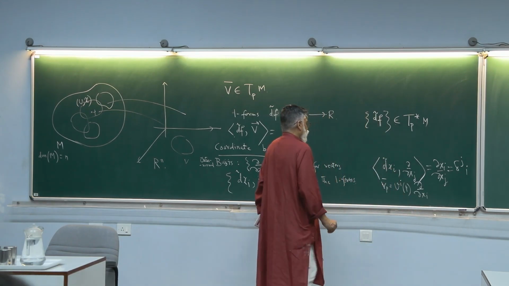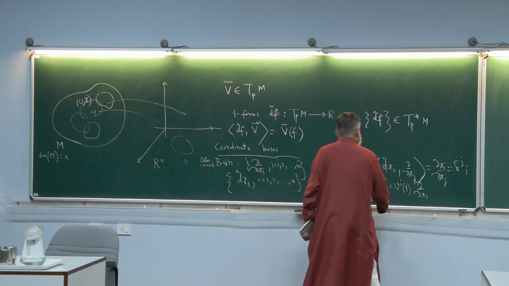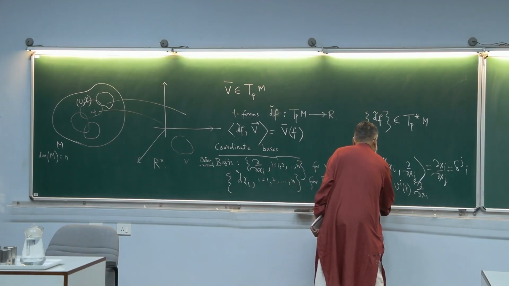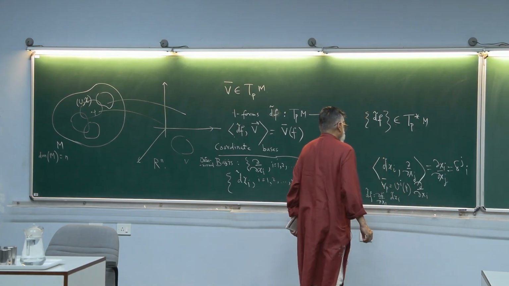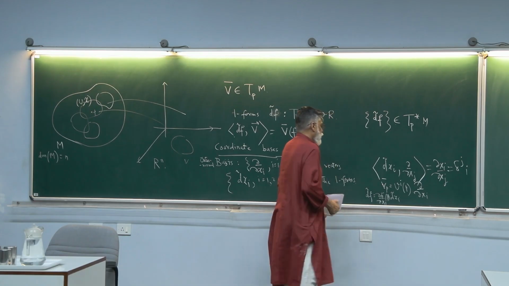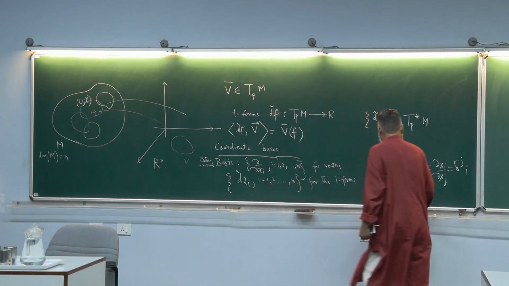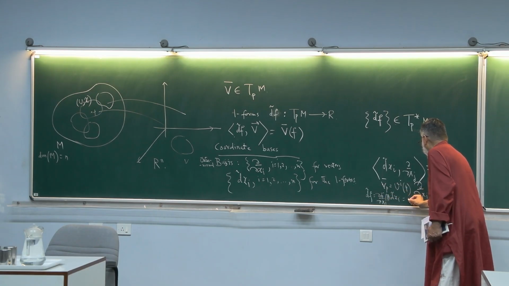And similarly, any one form d of f can also be written as del f by del x i, d of x i. This is again at a point P, and so del f by del x i is a covariant vector.